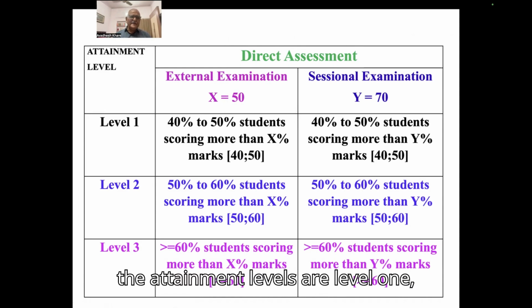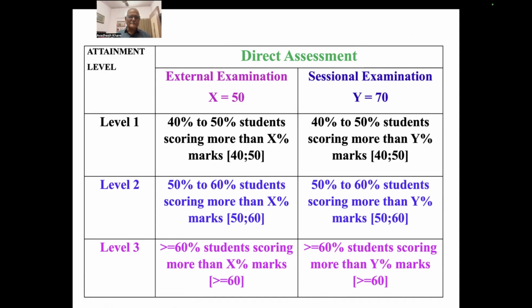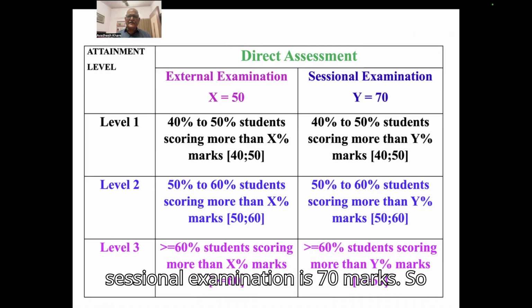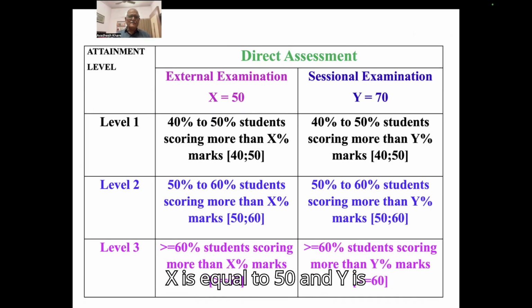And the attainment levels are level 1, level 2, and level 3. So we decide the threshold level for external examination is 50 marks and for sessional examination is 70 marks. So X is equal to 50 and Y is equal to 70.